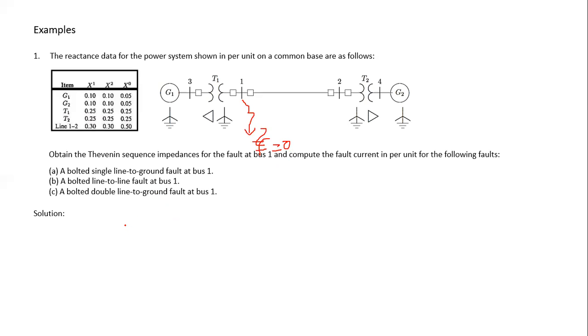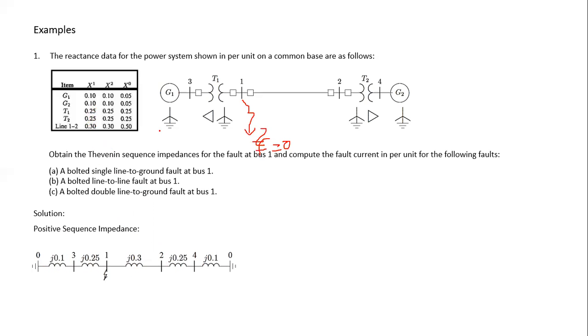So let us consider first the positive sequence impedance of the network. For the generators, the value is 0.1 for G1 and G2. Then for T1, the value is 0.25, for T2 it is 0.25, and for the line, it is j0.3.